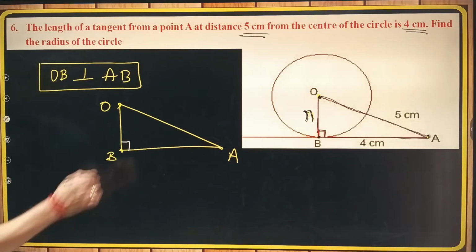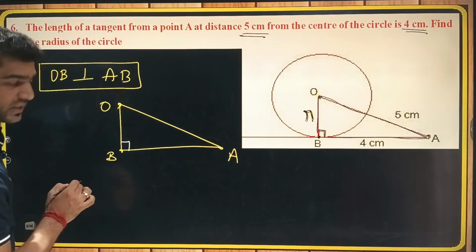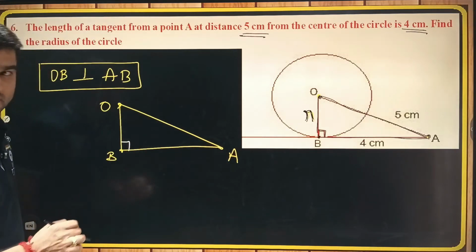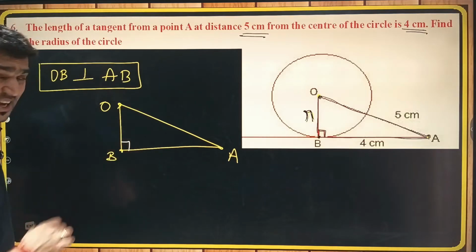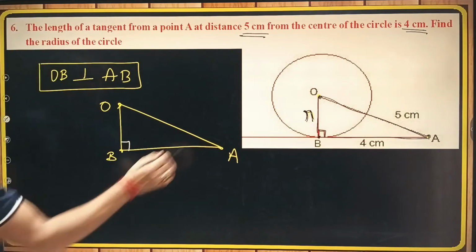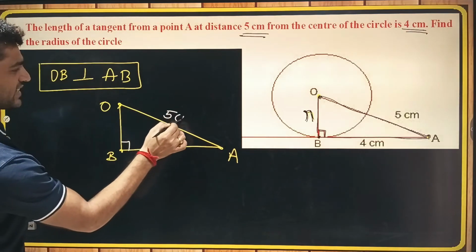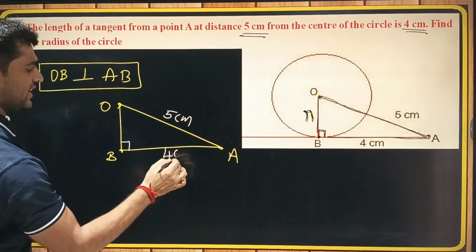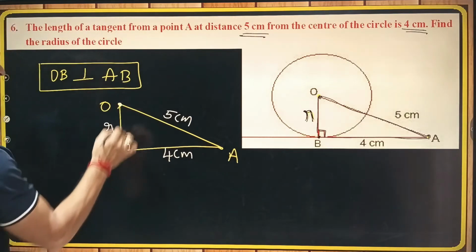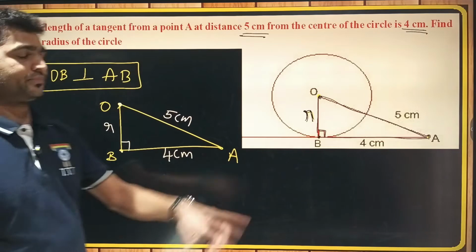So in this case, I can say this is the hypotenuse side. In this right angle triangle, AB is the base, OB is the height, and this is the hypotenuse side. But OA is 5 centimeter, AB is 4 centimeter. I want to find this OB, where OB is the radius of the circle.